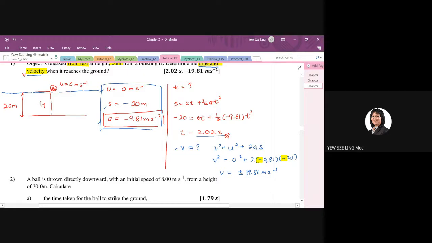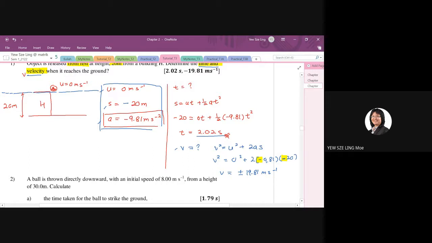In horizontal motion, we take direction of motion as positive. Means that if your object is just going to the left, then you can assume everything is positive. If it's just going to the right, you can also take everything as positive. But when it comes to vertical motion, you cannot do like this. Okay, if the object is going up, it can be positive, but if the object is going down, it must be negative. All right, that is the difference between horizontal and vertical.